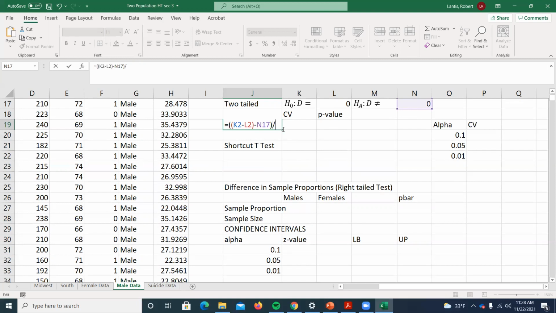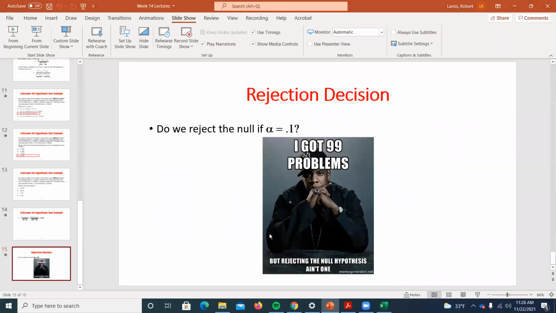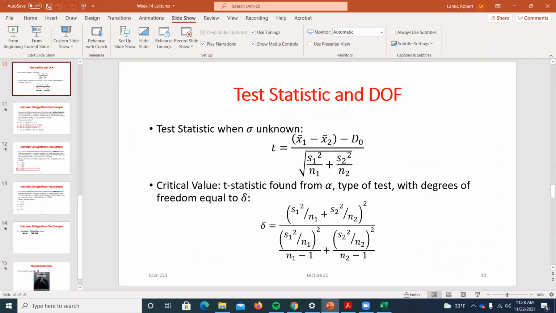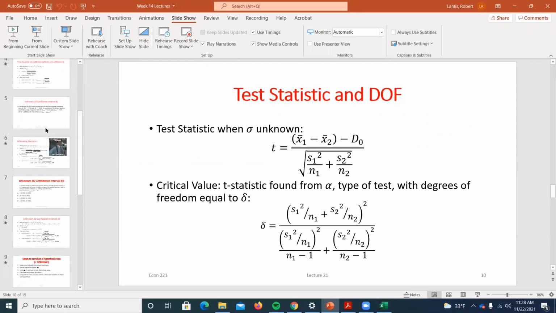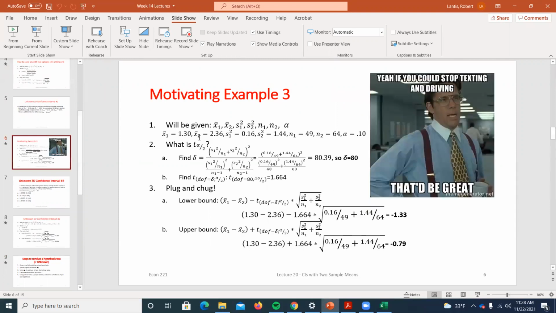I'm then going to divide this by, and if we remember, what's in the denominator here represents the standard deviation for the difference in our sample means, right? But we actually can double dip because we already found that for our confidence interval.